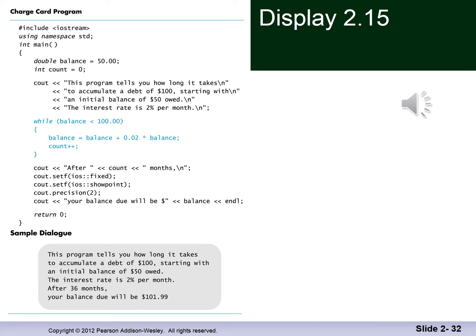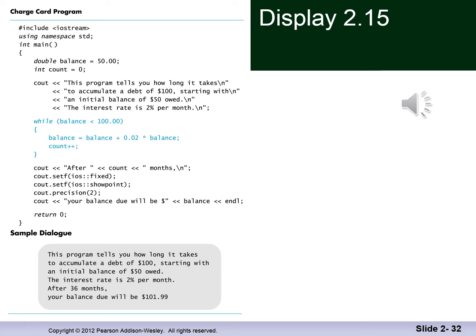So that's after the first month, then the second month, third month, and the balance continues to increase each month, and the months are kept track of by the counter. Ultimately, the value of balance will equal or exceed $100, and the expression being evaluated, while balance less than $100, will return a false.